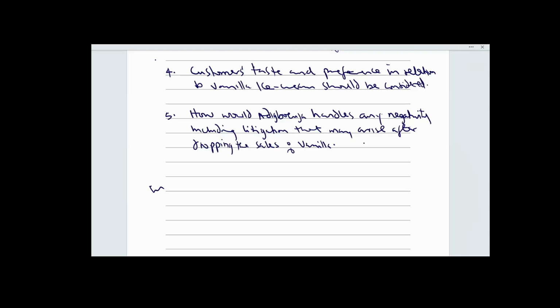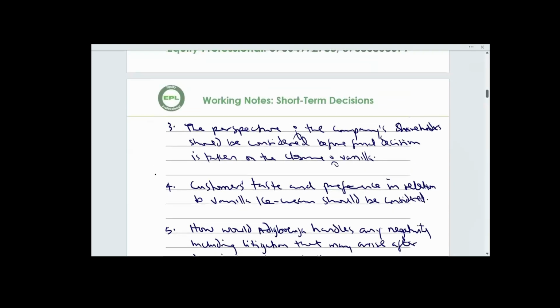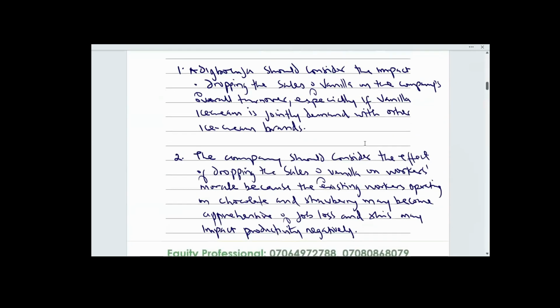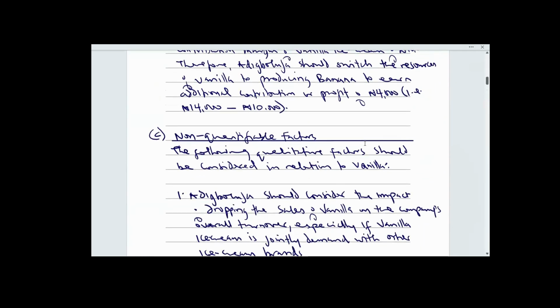Another point is whether it would incur additional costs relating to training and retraining of the staff that will be redeployed. If you can mention 3 to 5 of these, you are good to go. All right, so I think that this is okay. Let's stop it here so that we can move to another question.